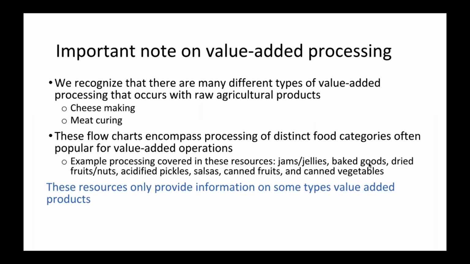So as I mentioned, just as a disclaimer, these resources are not going to cover the processing of dairy products or meat products. So if you're interested in making cheeses or any type of charcuterie or other meat product, that's really not within the scope of the resources that we've developed. We're really focused here on foods that are derived from fruit and vegetable commodities and further processed into jams and jellies, for example, any dried fruit or nut product.